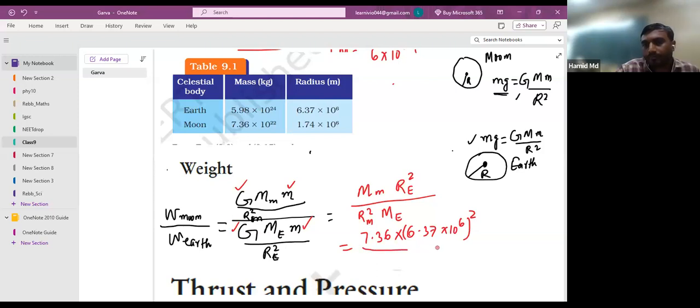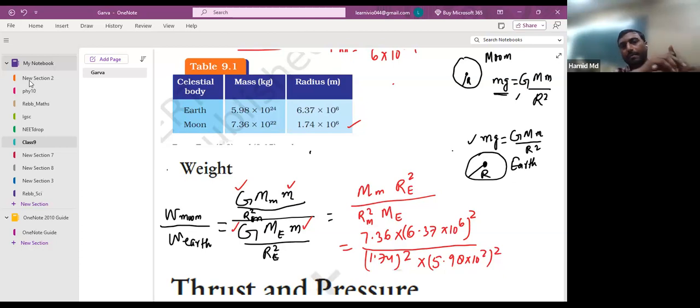Now, radius of moon is 1.74, whose square, into mass of Earth, 5.98. Clear to everyone?